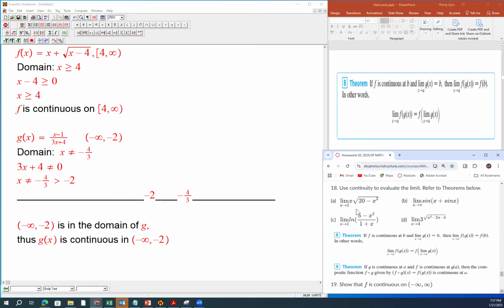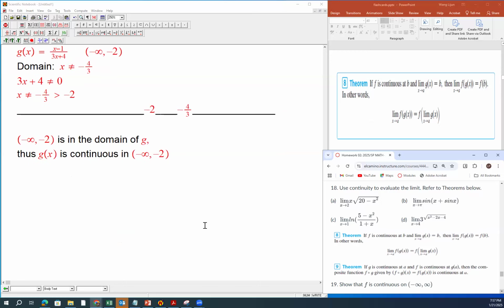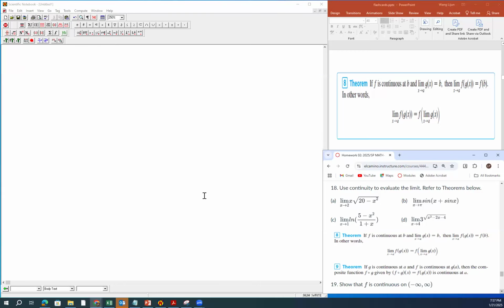For example, A. Use continuity to evaluate the limit. All right, the first one. How do we use continuity to evaluate the limit?